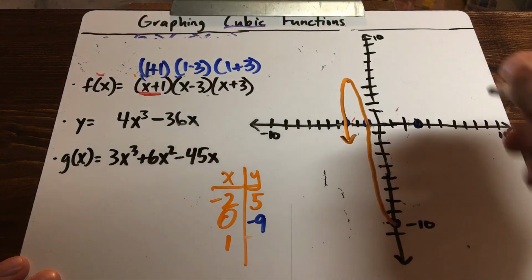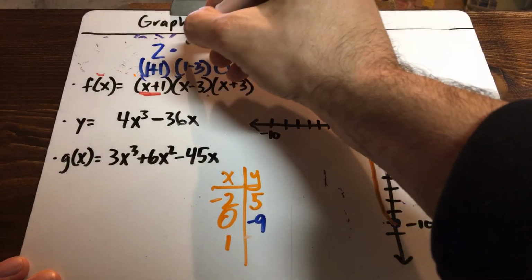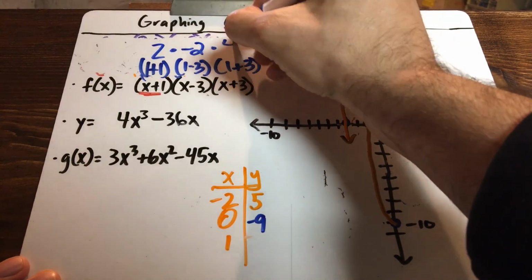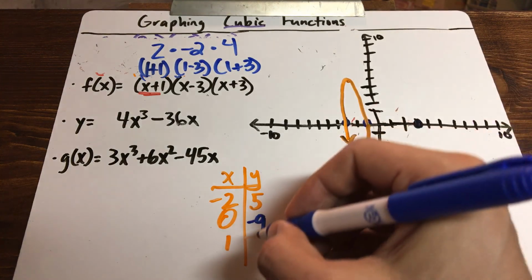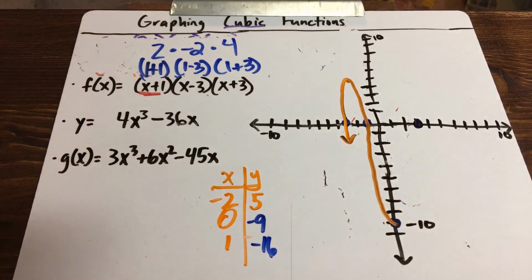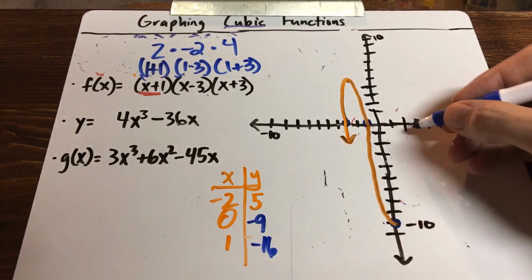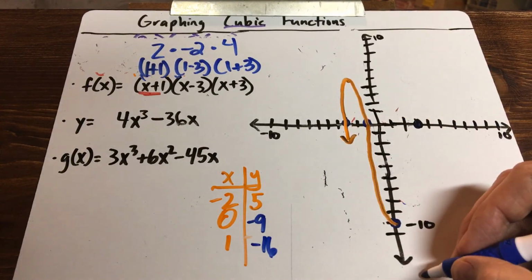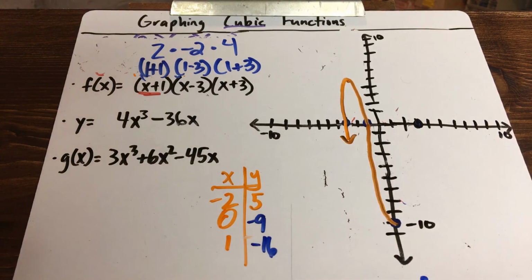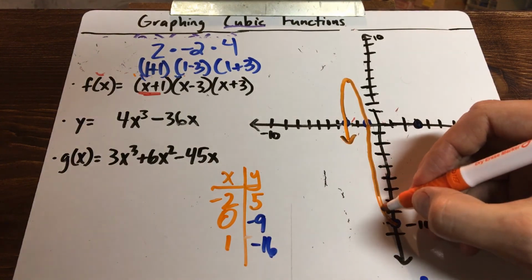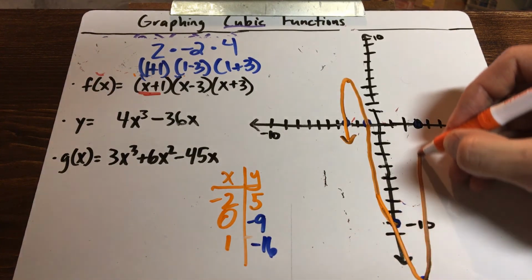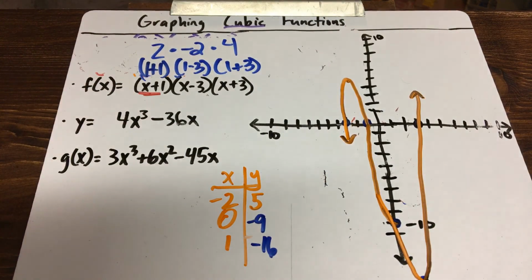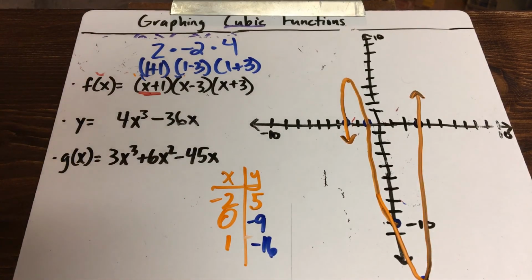That would be 2 times negative 2 times 4, which is negative 16, right? Oh, so I was actually wrong. I was prepared to make this thing go back up, but really it keeps going down to like negative 16 way down here. So this thing actually kept going down, and then it started going up way over there. So I guess it did make sense to make another point there.